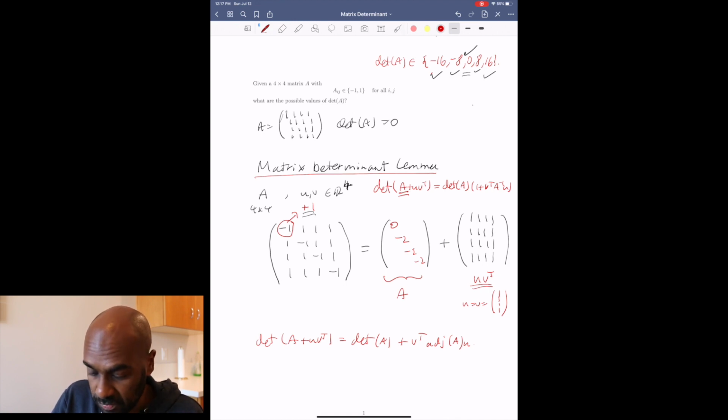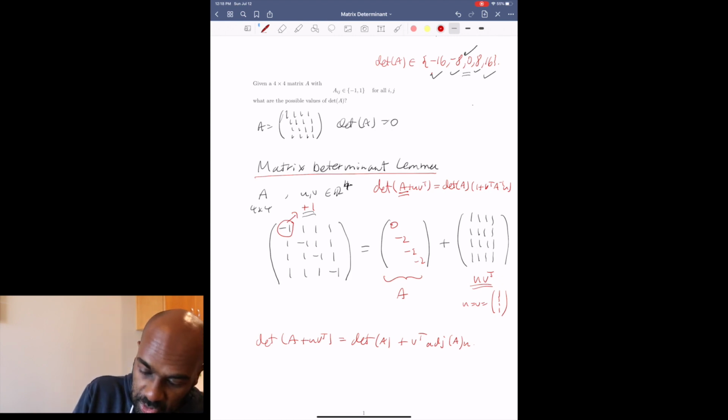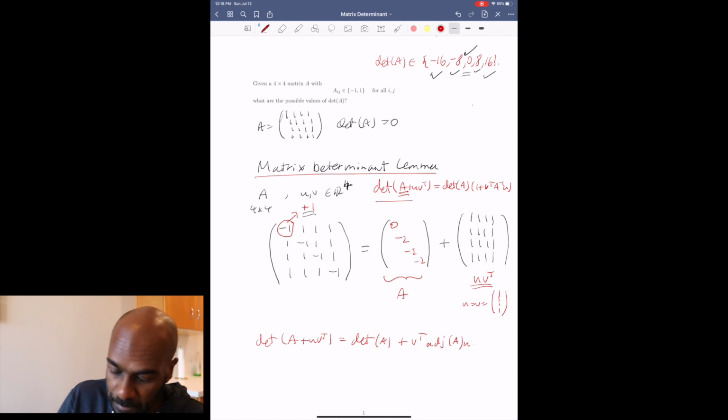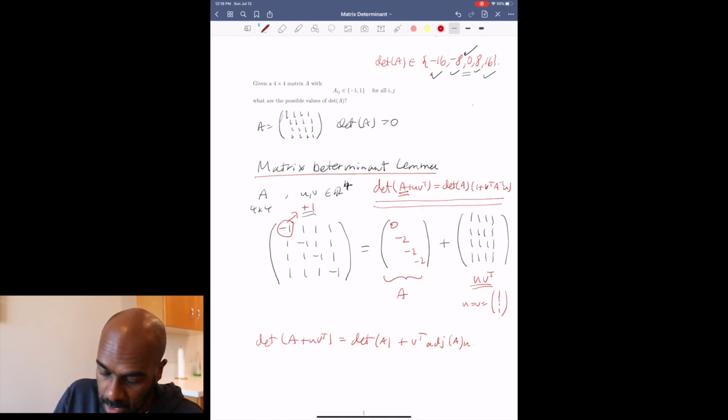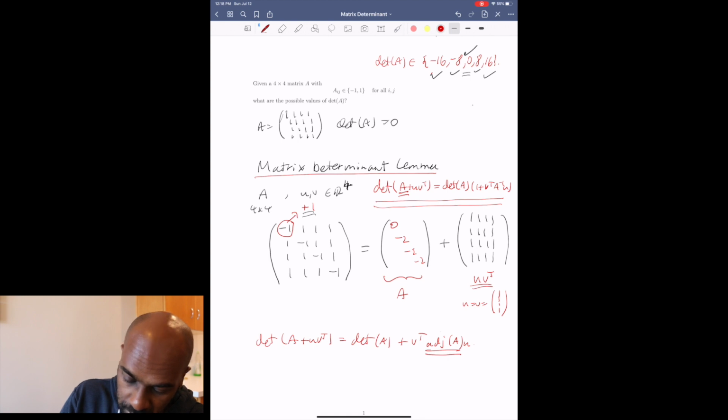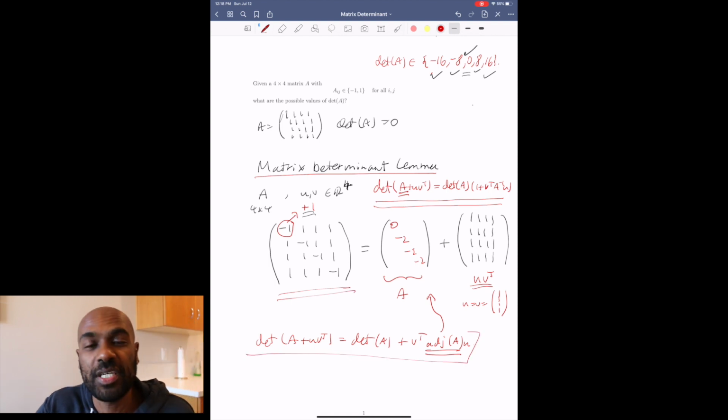One is that it works for all square matrices A. It doesn't have to be invertible, so it generalizes this matrix determinant lemma here. And secondly, this matrix here comes from minors of A. So what I suggest doing is actually try to figure out how to calculate the determinant of this whole thing using this, and take a look online for what the adjugate is to actually learn about it.